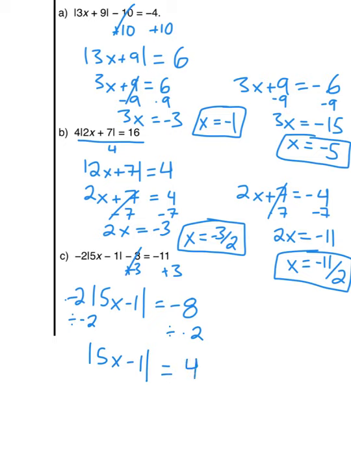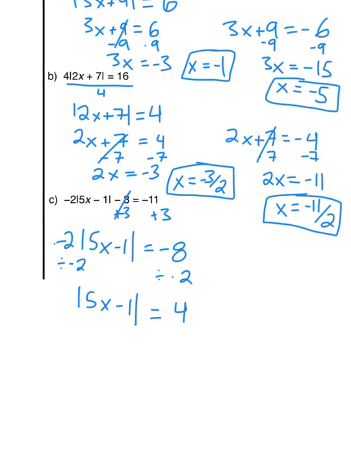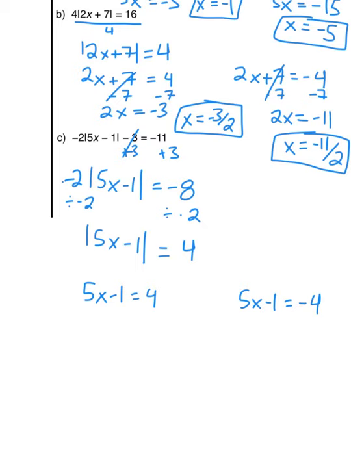Negative divided by a negative is a positive. All right, now I have just an absolute value equals a number, so now I can set two equations up. So I have 5x minus 1 equals 4, or 5x minus 1 could equal negative 4, because the absolute value of negative 4 is positive 4.